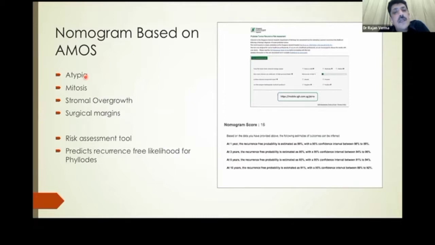It is based on scoring of atypia, mitosis, stromal overgrowth, and positivity of the surgical margins. So if you feed all these in, it will give you a result like this, which shows the recurrence-free probability in 1, 3, 5, and 10 years.